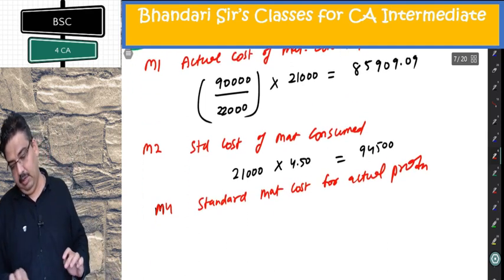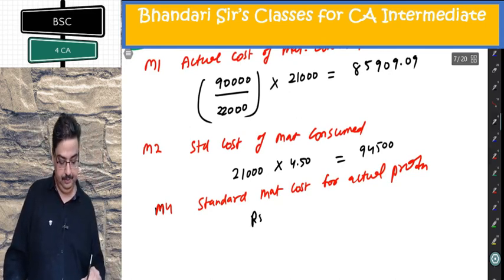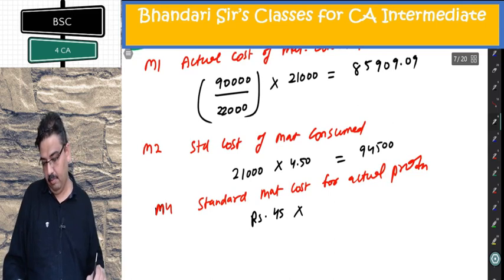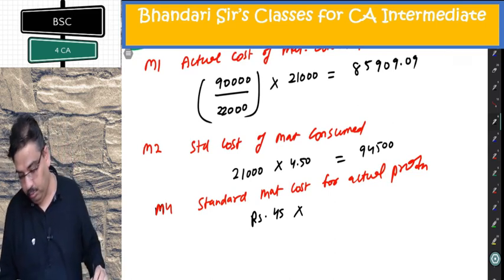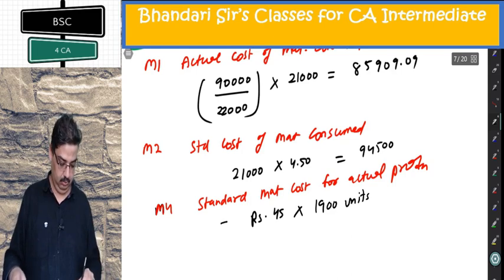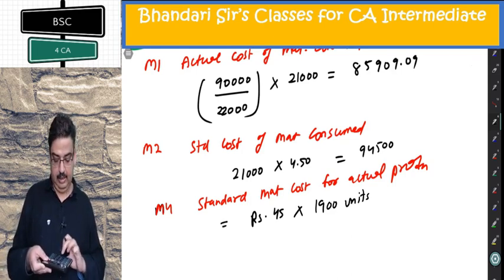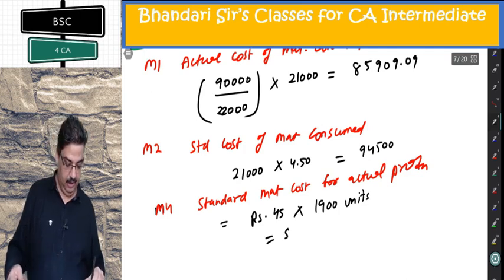This is very simple. 10 pieces per unit, so 45 per unit of output, multiplied by output produced 1900. 45 into 1900, 85,500.